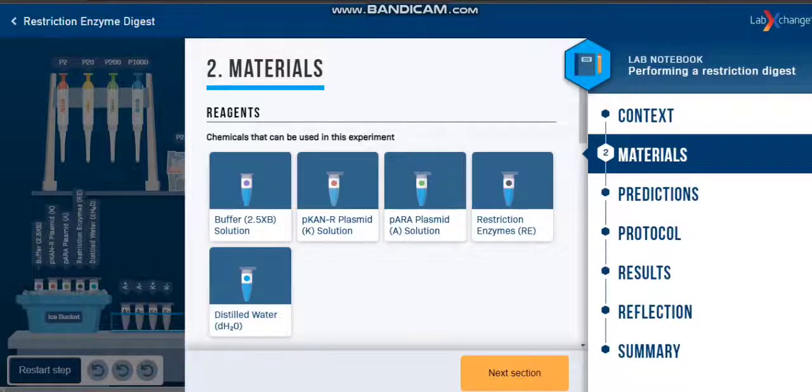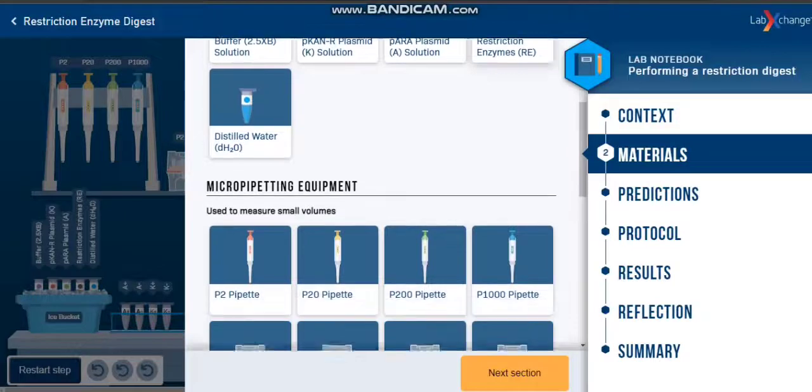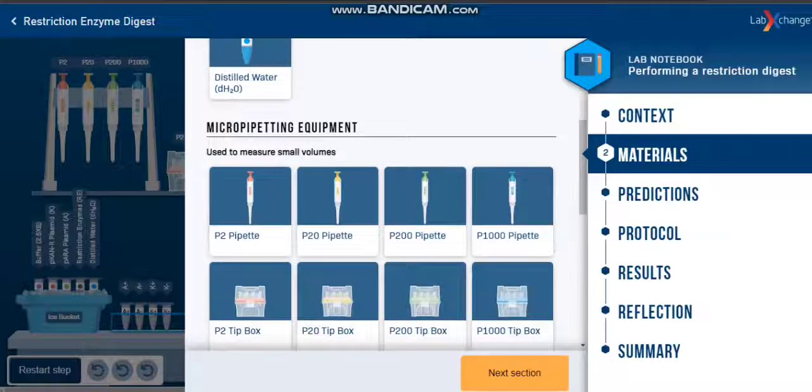For the materials, the reagents and chemicals that can be used in the experiment are buffer 2.5X solution, pK plasmid K solution, pA plasmid A solution, restriction enzymes RE, and distilled water. For the micropipette equipment, we use them to measure small volumes.